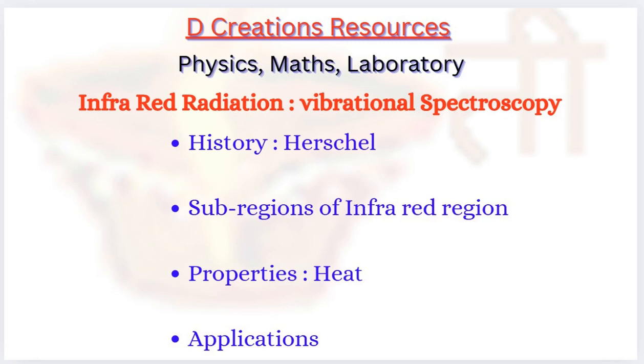And we deliberately discussed the concept of wave number in detail, because in the spectrum of infrared spectroscopy, which is basically part of vibrational spectroscopy, you will see that on the x-axis you have wave number.